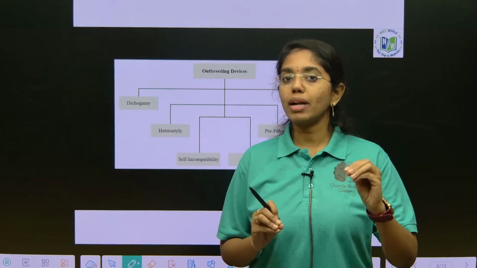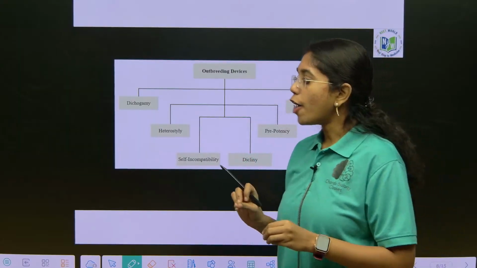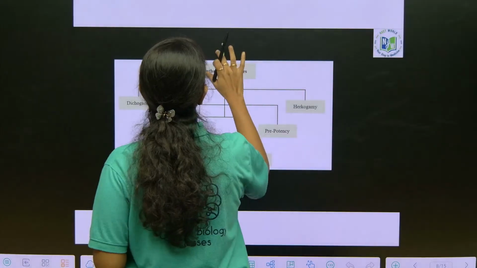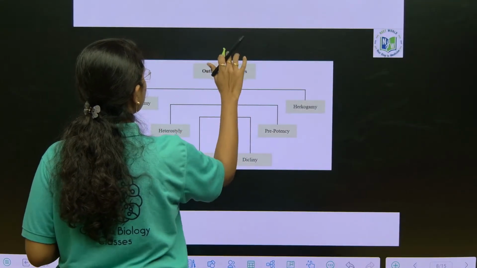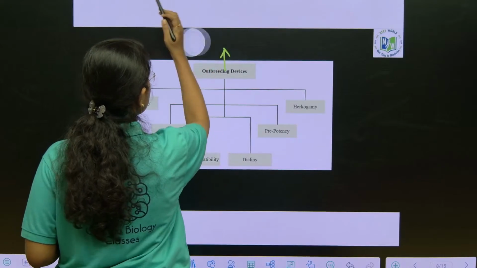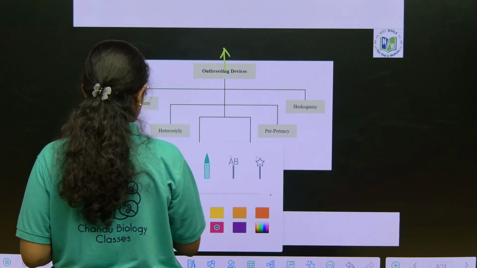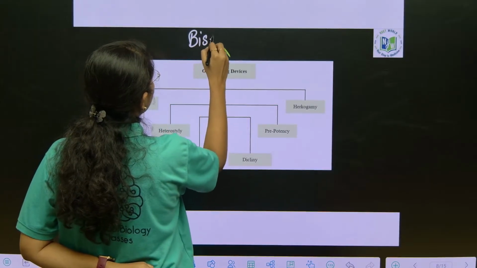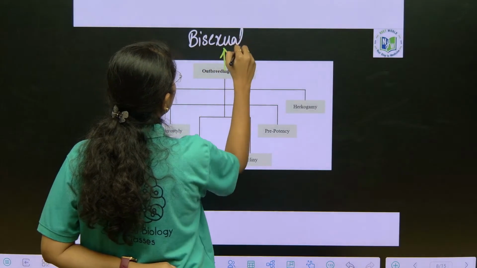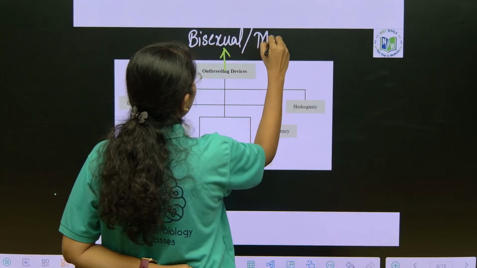That is known as outbreeding devices. Outbreeding devices are operated only in the bisexual or monoecious flowers.